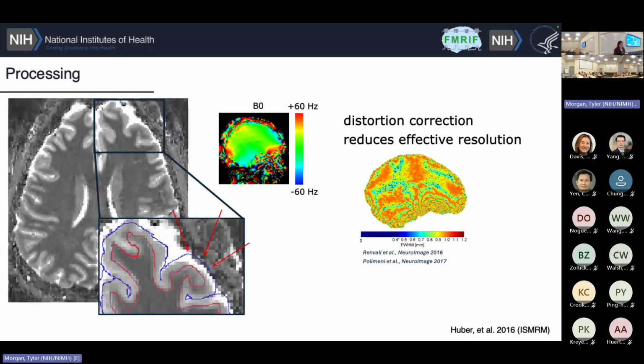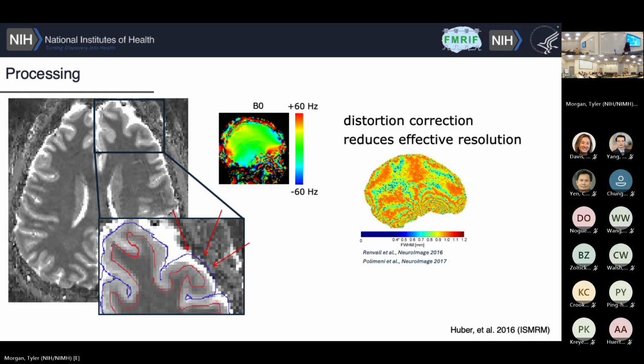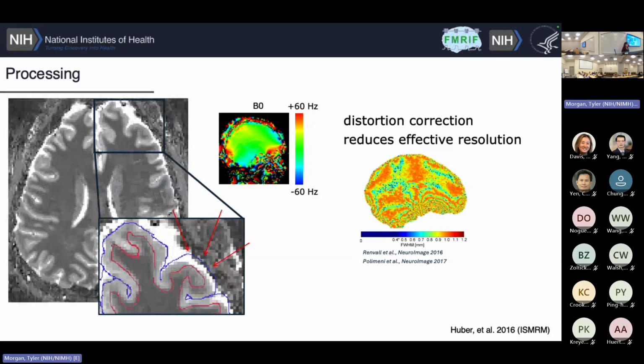There are a lot of different methods to really try to figure out how to best process this. But I would say the most common one is to run the phase encoding in one direction and then run the exact same thing with the phase encoding going in the different direction.